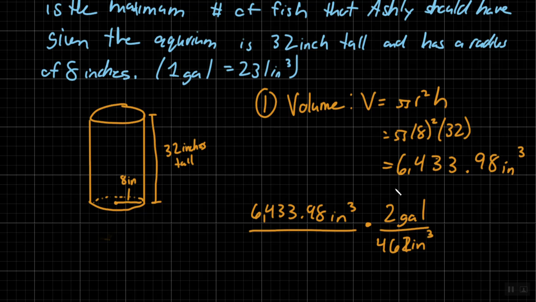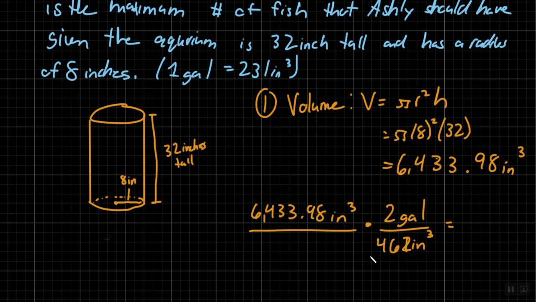Okay, that is totally fine. What would that give me? So I would multiply the top over. So what is 6,433.98 times 2? Then divide that by 462.